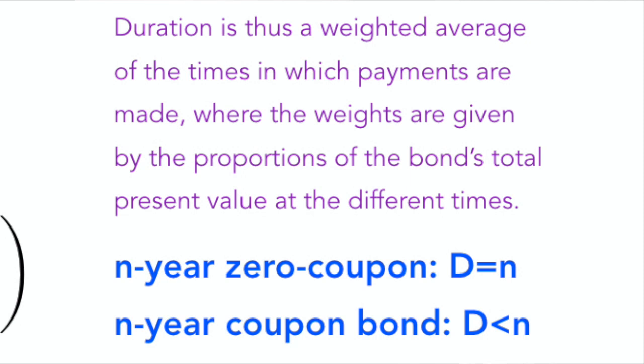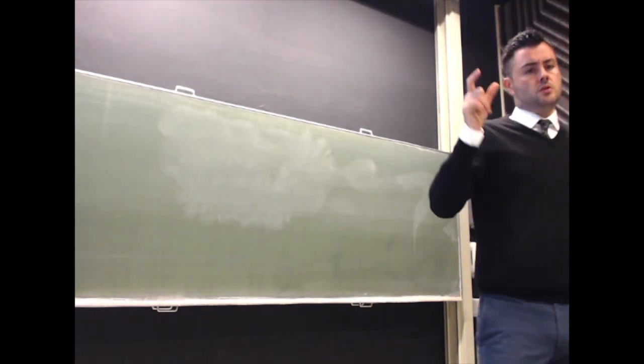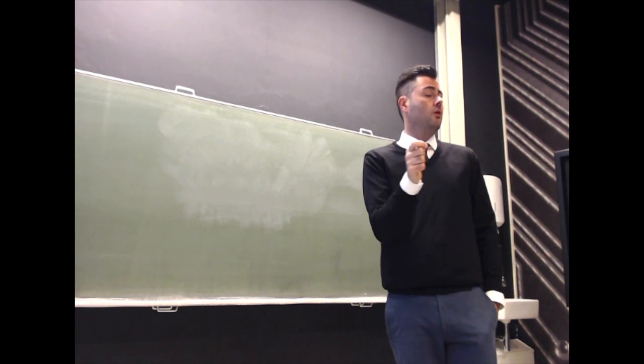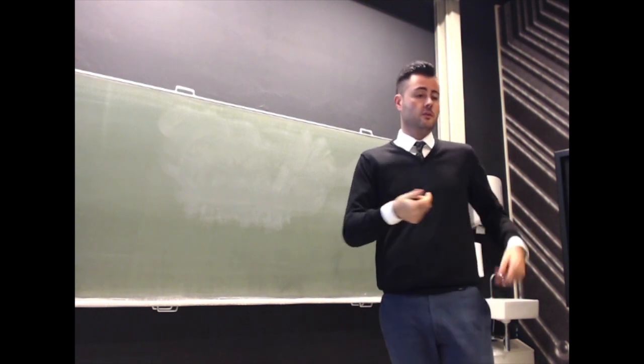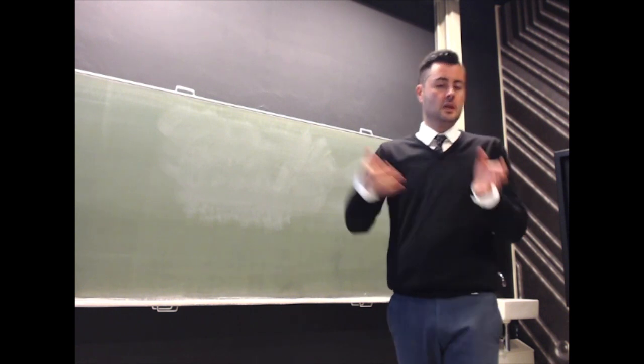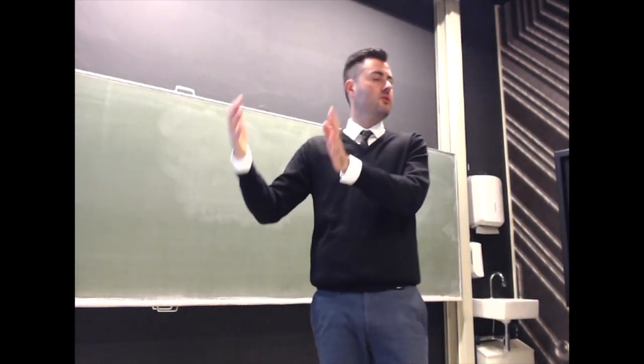In a coupon bond, duration is by definition strictly smaller than the maturity of the investment. It can be smaller but still close to maturity if the coupons are small, and then obviously the weight of each coupon on the total is irrelevant, and the last big payment will prevail.